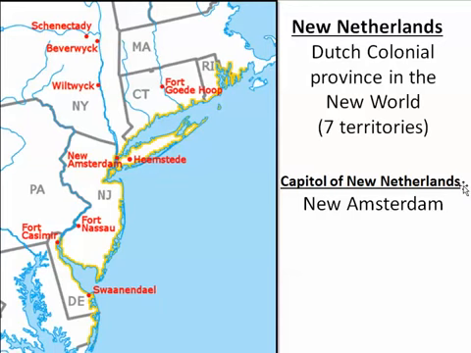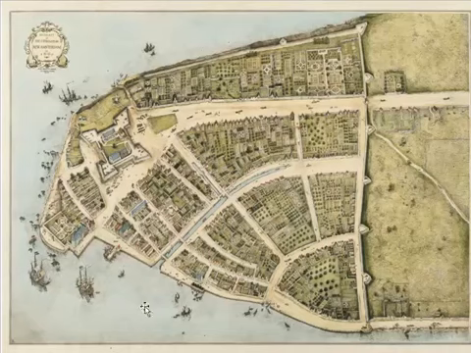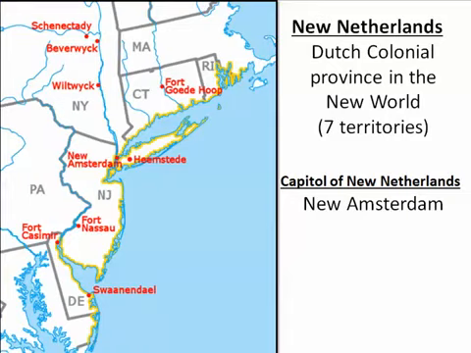And the capital of New Netherland was New Amsterdam, right in here. And here's a picture of lower Manhattan, the area of New Amsterdam. There's Fort Amsterdam here. Alright, so the Dutch are going to settle around New York and New Jersey and Delaware, and the greatest capital or settlement was New Amsterdam here.